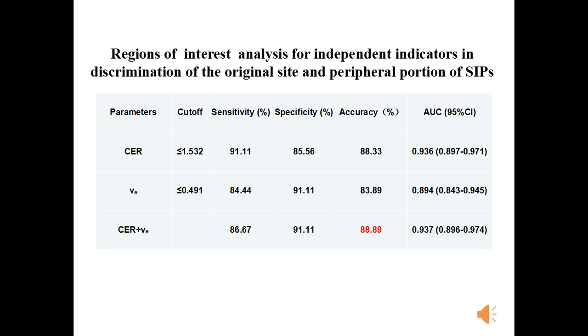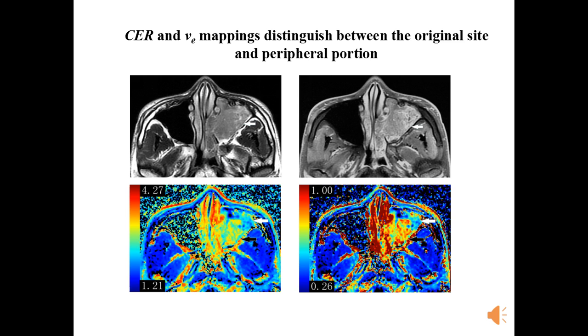The combination of CER and VE displayed the highest AUC in discrimination of original site and peripheral portion. In this case of SIP in the left maxillary sinus, no typical convoluted cerebriform pattern could be identified on axial T2 weighted image or post-contrast T1 weighted image.